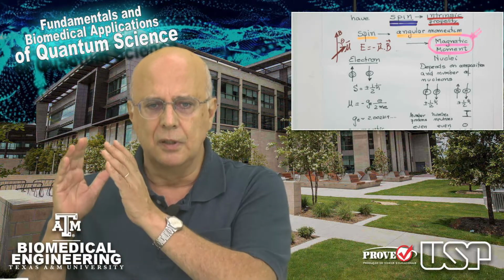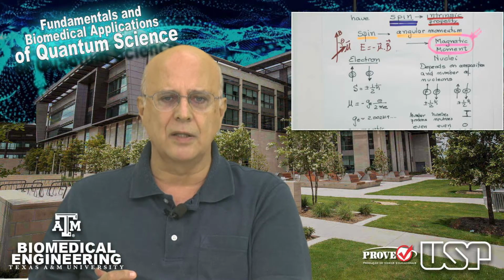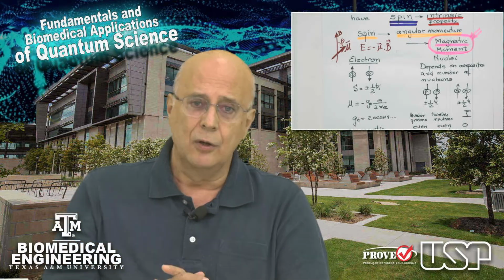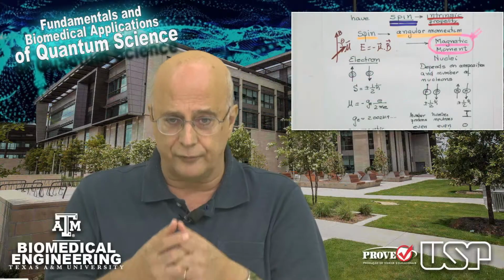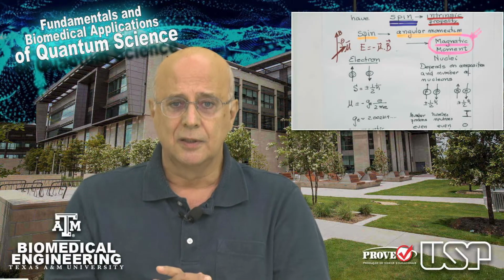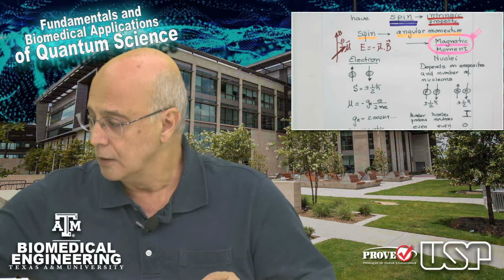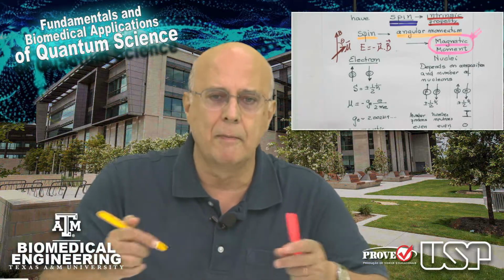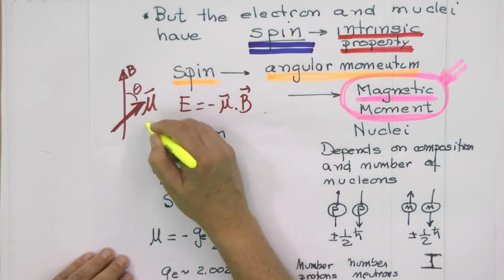We're going to use the magnetic property of the electromagnetic radiation to interact with the spin, with the magnetic moment of the particles that make up the atoms and molecules and so on.